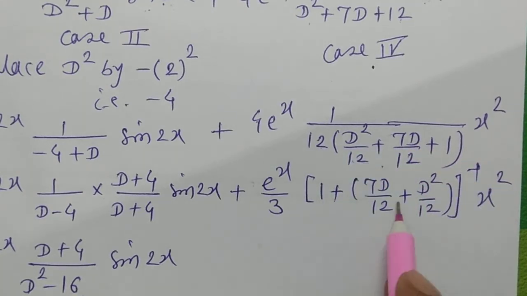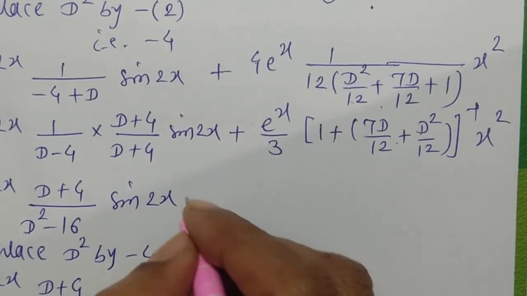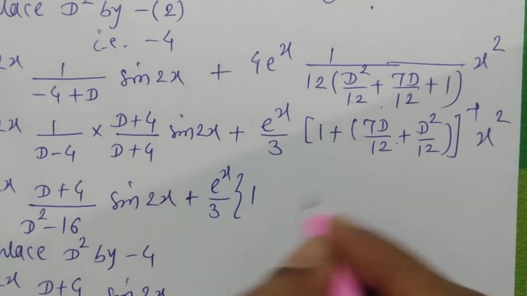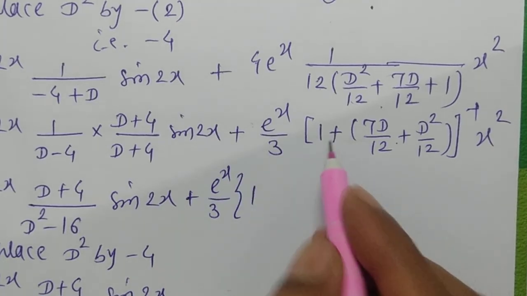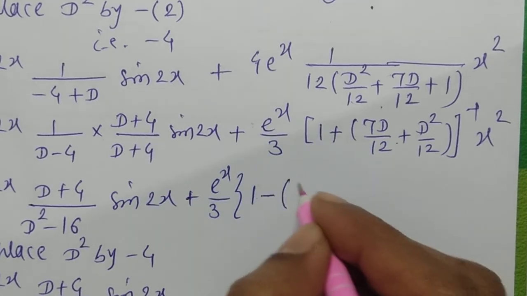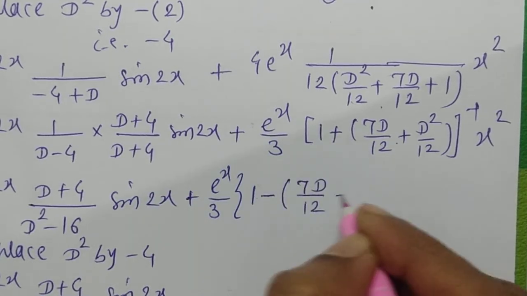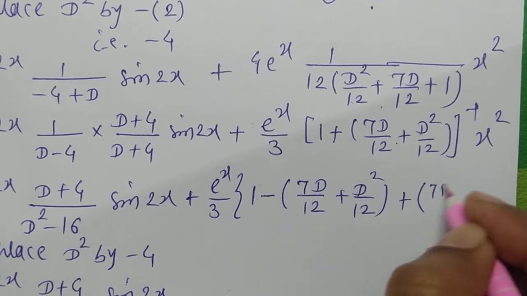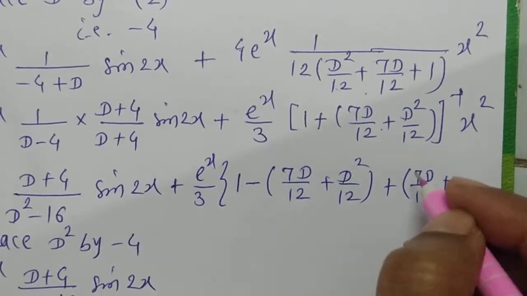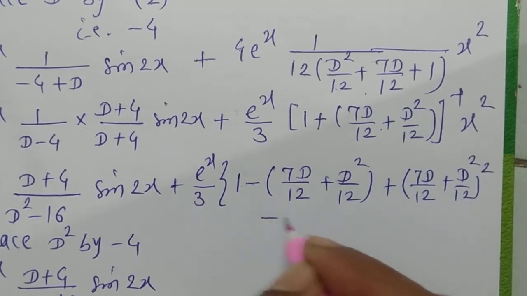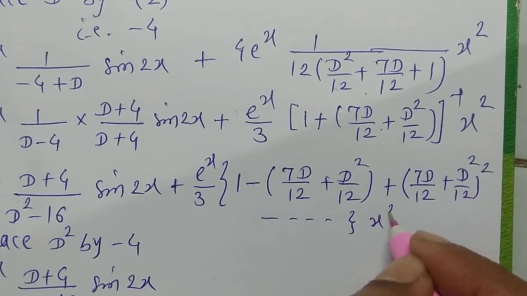So this has come in the form of 1 plus, inverse. Now expand this. What is the expansion? This e raised to x by 3 as it is, and we have to write 1. As here we are having plus, we have to write alternate plus minus. So first term plus, second term minus bracket, then plus bracket square, minus and so on, of x square.